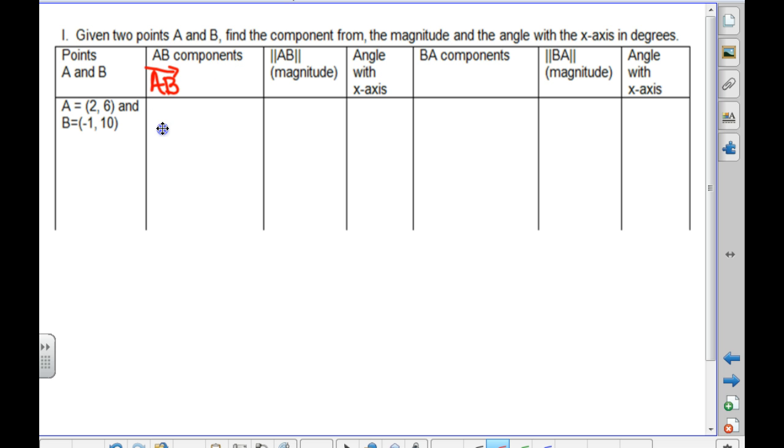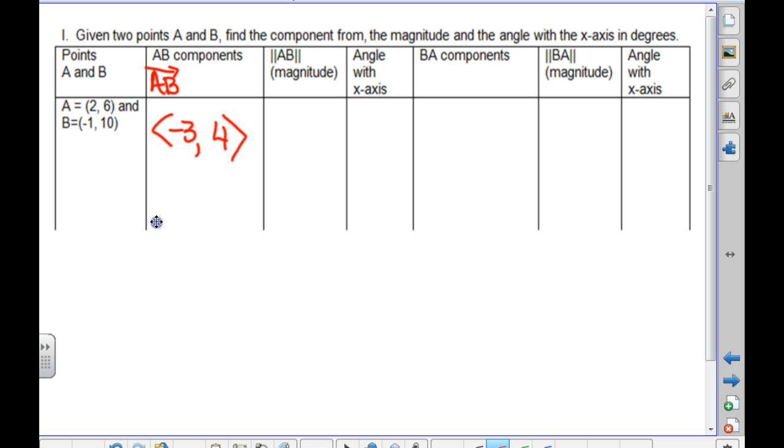So I don't like fancy formulas. I like to just think about what we're doing. If we go from A to B for the x's, from 2 to -1, what did we do? Go back 3. Okay, so we went -3. If we went from A to B with the y's, from 6 to 10 was +4.